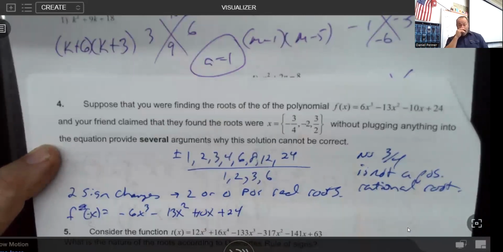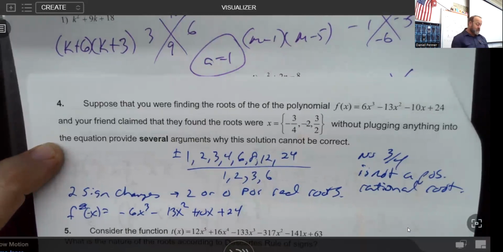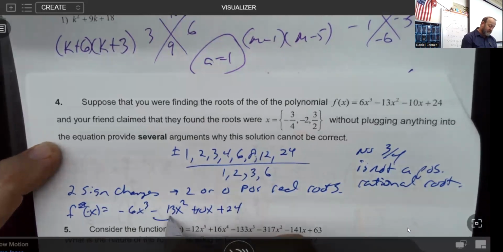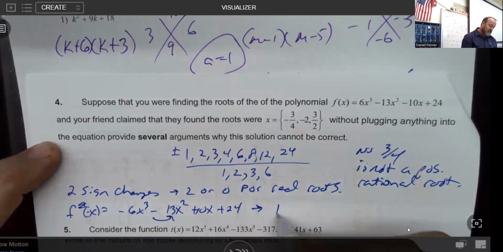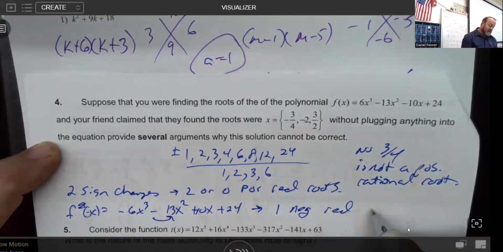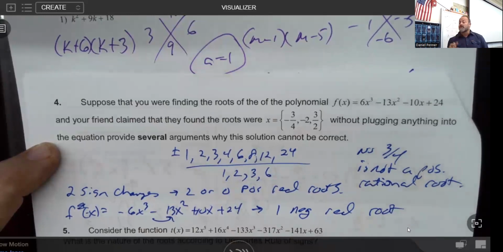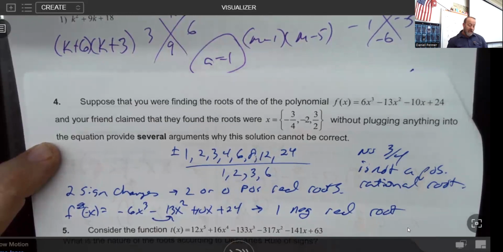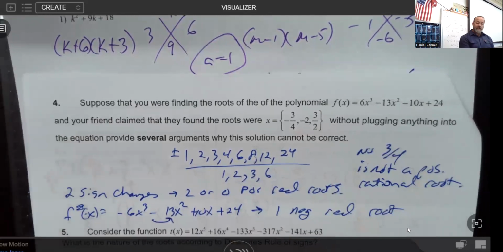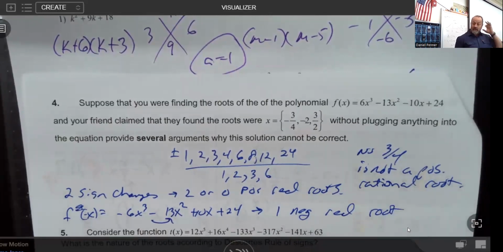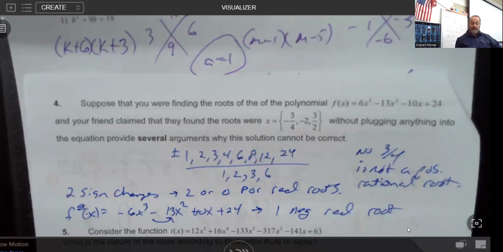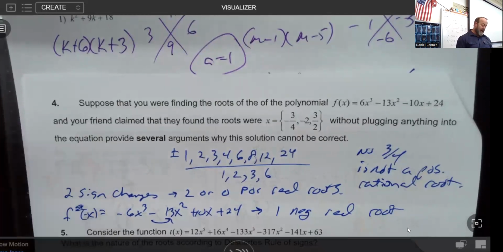Again, just replacing x with negative x, what I see is 1 sign change. Therefore, Descartes' rule of signs would say 1 negative real root. And that is not what we see here. We have a proposal of 2 negative real roots as opposed to 1 negative real root. So that's 3 distinct different reasons. These are kind of overlapping conceptually, but that's what I had.